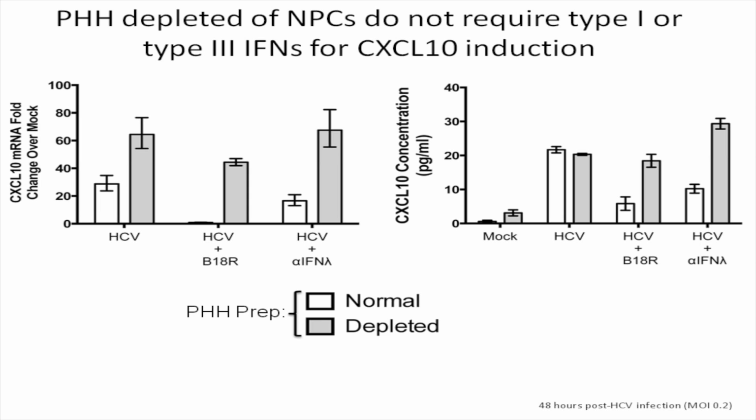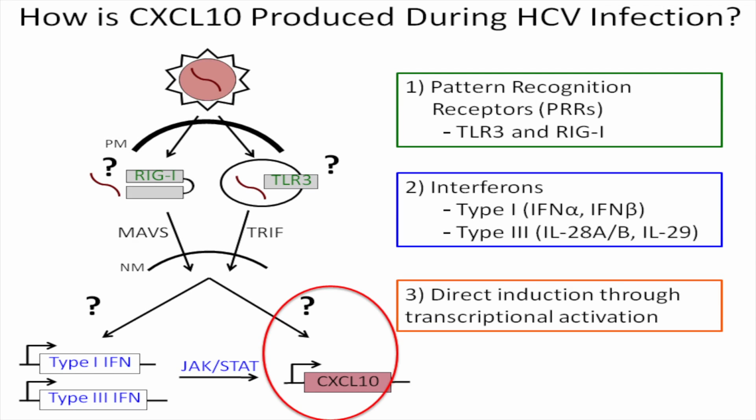So this means that if you remove non-parenchymal cells from these preparations, you no longer require type 1 or type 3 interferons for CXCL10 induction. They look exactly like the Huh7 model: if you have a hepatocyte monoculture, you don't need any interferon. The hepatocyte is completely fine in making CXCL10.